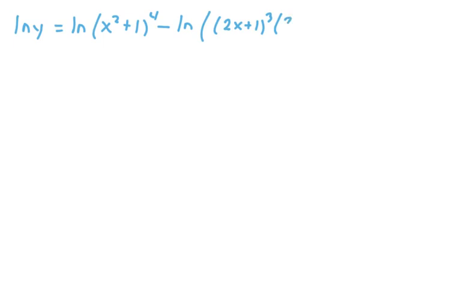So natural log of y is natural log of (x squared plus 1) to the fourth minus natural log of (2x plus 1) to the third times (3x minus 1) raised to the fifth.